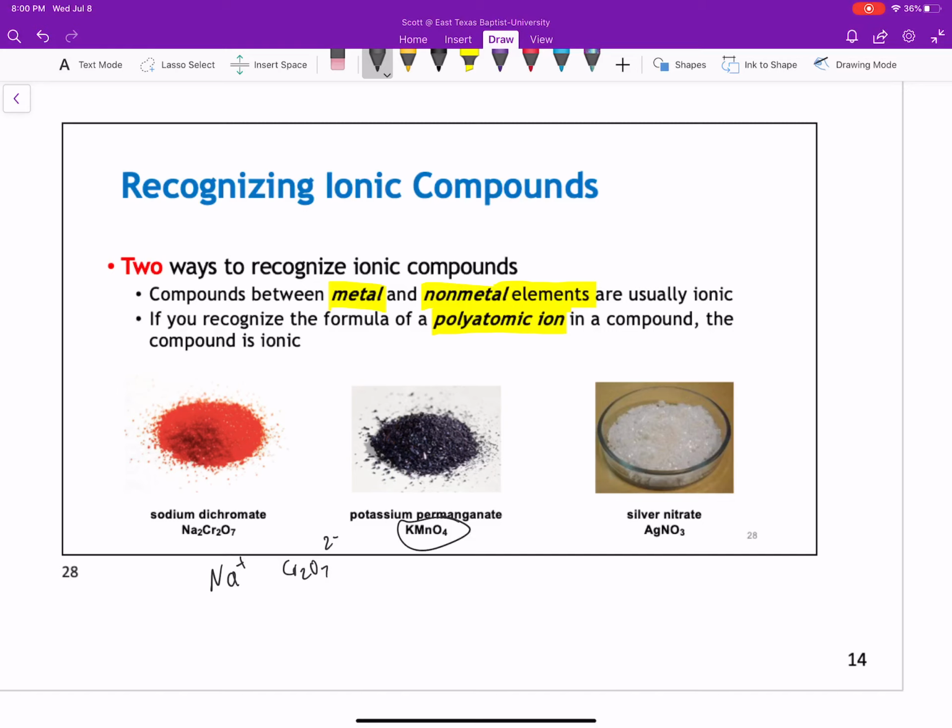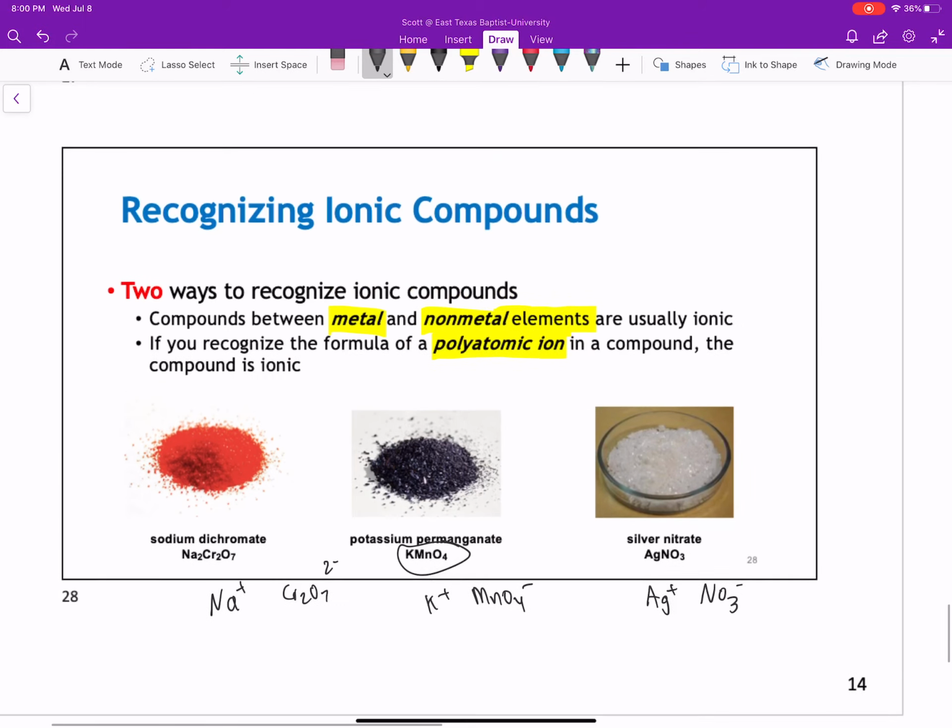Potassium permanganate, strong oxidant. That one is a K+ and an MnO4-. Silver nitrate, Ag+ and NO3-. So all of these are ionic compounds because you notice that it either has a polyatomic ion or a metal attached. So hope that made sense.